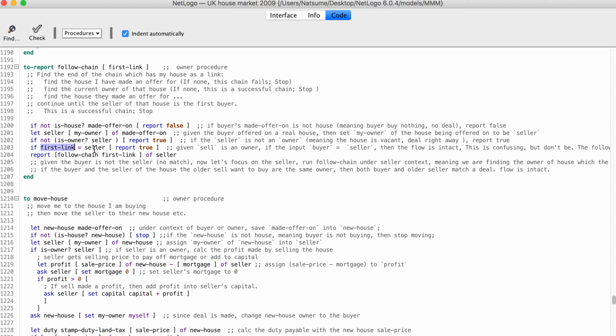The new seller, if it is the first buyer, then they have a deal because they just switch houses. So the flow, the chain is intact. That's why this sentence makes sense. This sentence only makes sense when this line is executed, okay? It cannot be done in the first line normally.